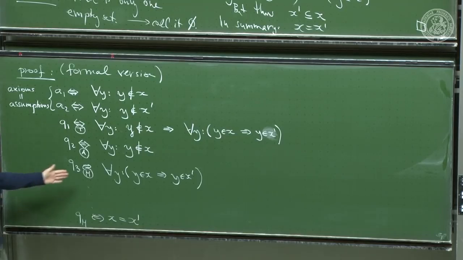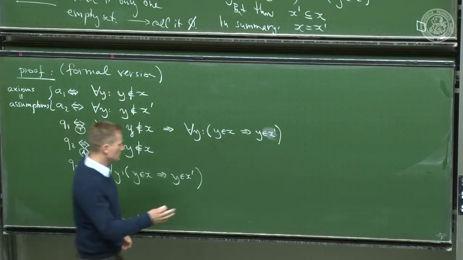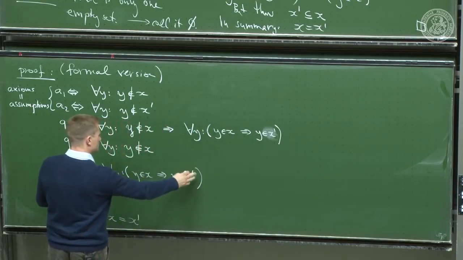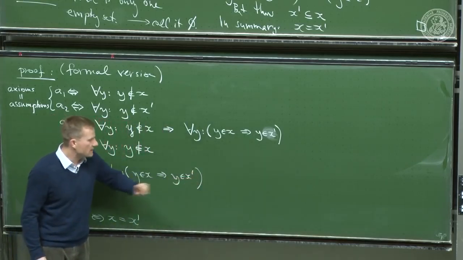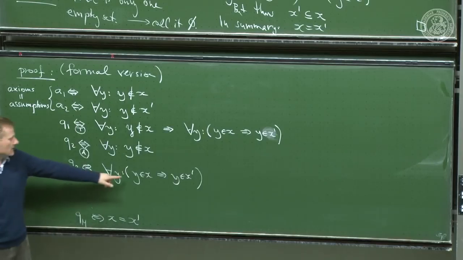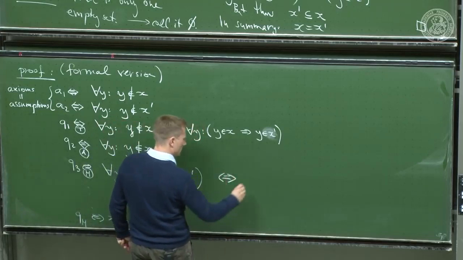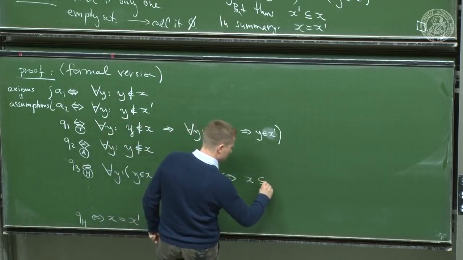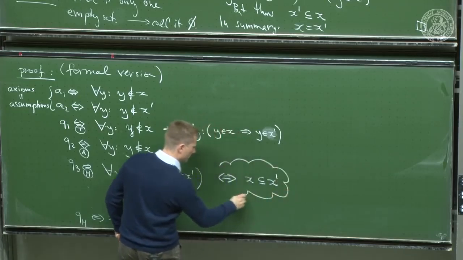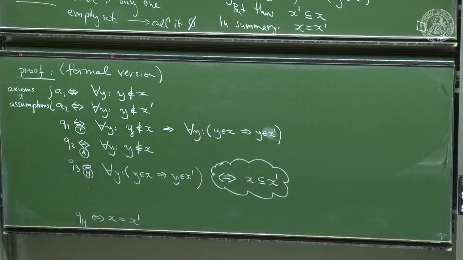Now, this, however, is just a short form, so we recognize that this statement just means X is a subset of X prime. It's exactly our definition. So for our own thinking, it's just an abbreviation to write that this statement is just X is a subset of X prime.